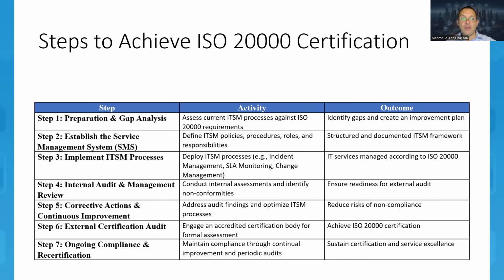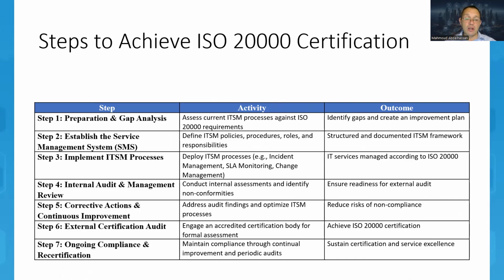And the sixth step, the external certification audit. So we will engage in this step a certification body for formal assessment, then achieve our ISO 20000 certification. In step 7, because ISO 20000 is not a project, it's a journey.